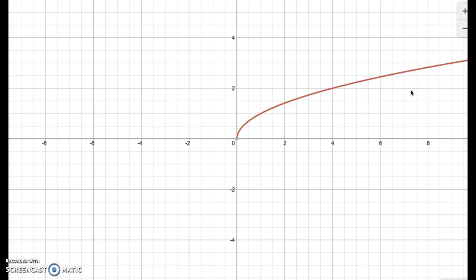I'd like you to take a look at what the domain of this function is. Remember that domain is all possible values of x. So when you're looking at this and you look at possible values of x, you might notice that this graph starts here. I don't really care how high it goes.